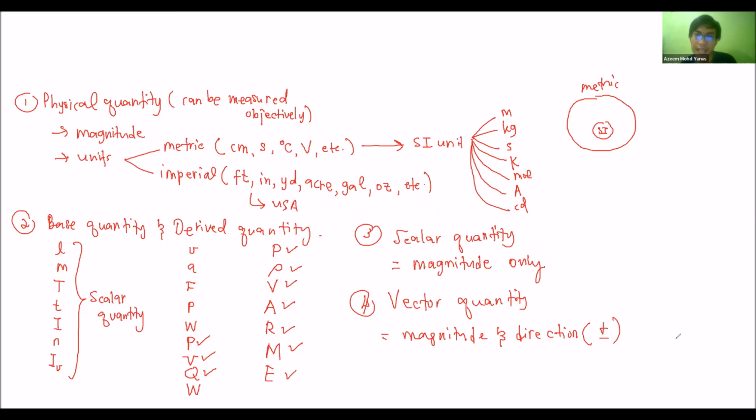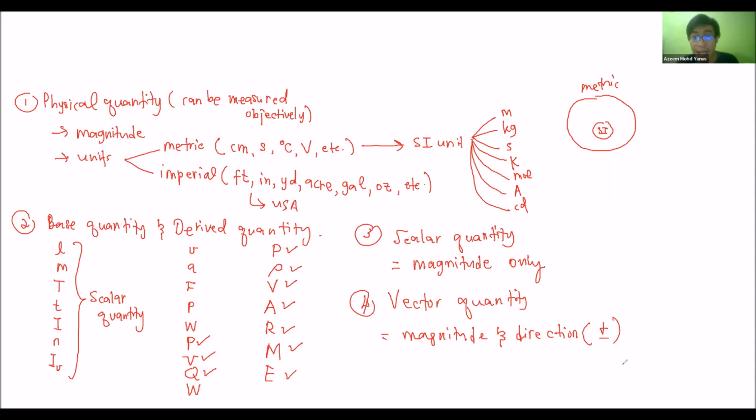But how about negative temperature? Negative temperature is not a vector quantity because the negative defines the temperature below the ice point. There is no sense of direction. Temperature is just a relative scale, where we compare everything with zero.